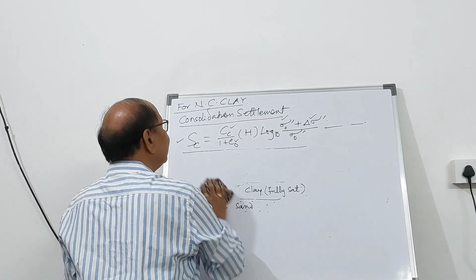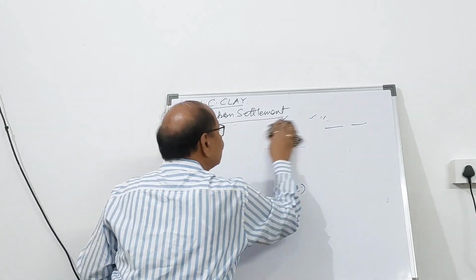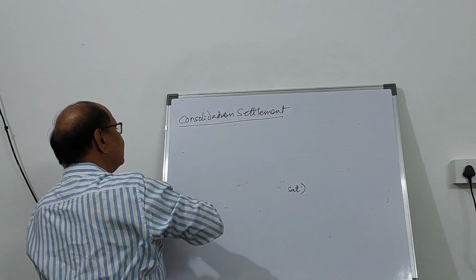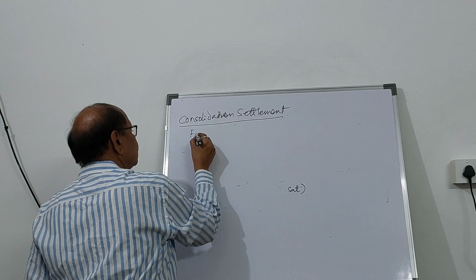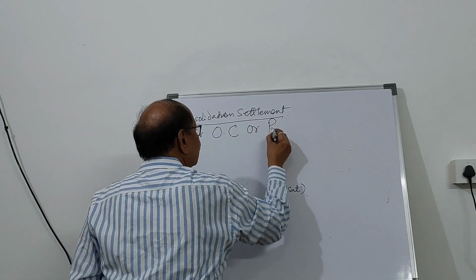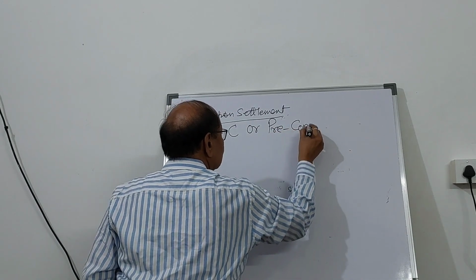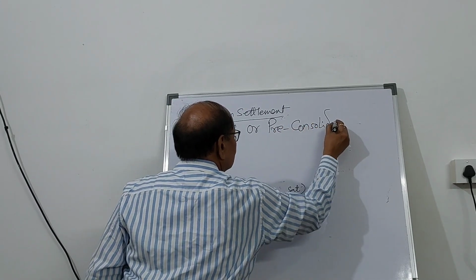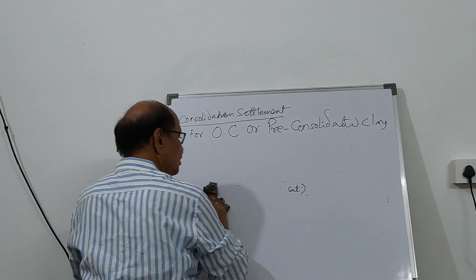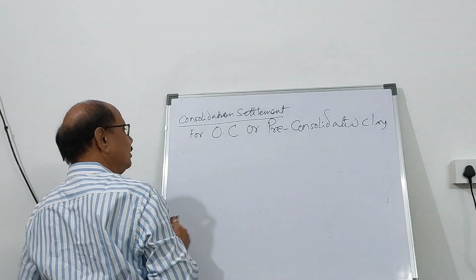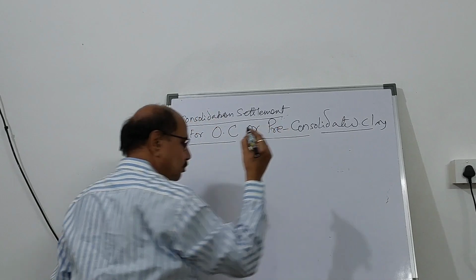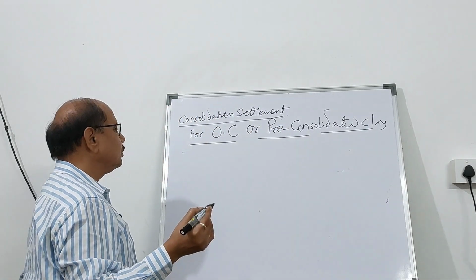So if it is over consolidated, so for consolidation settlement for over consolidated or pre-consolidated clay, the ground has been subjected to higher pressure than the present pressure in the past due to any reason which I have explained to you in the previous video.